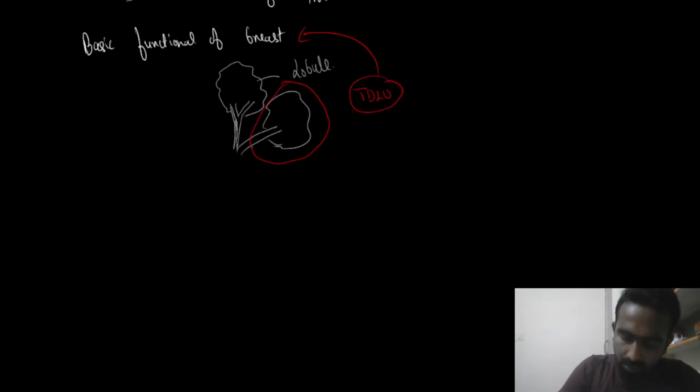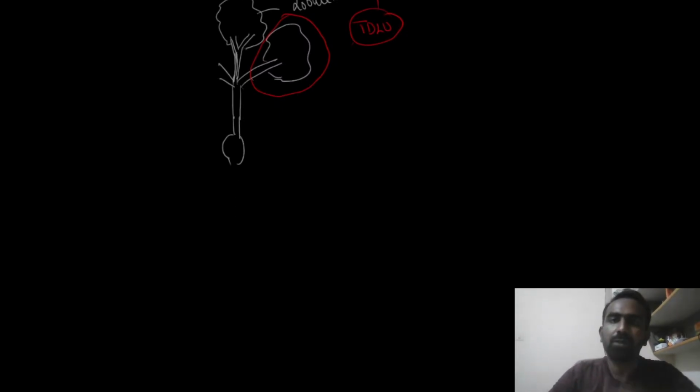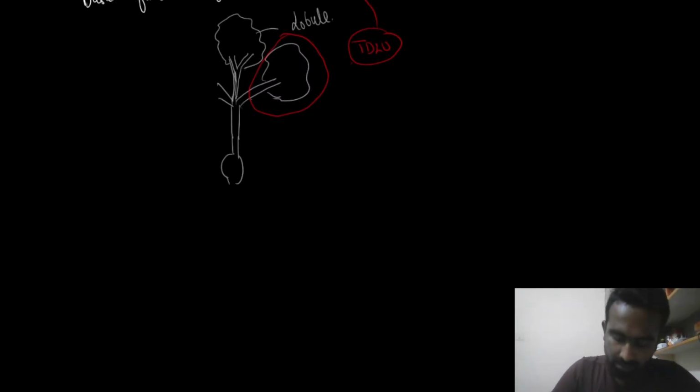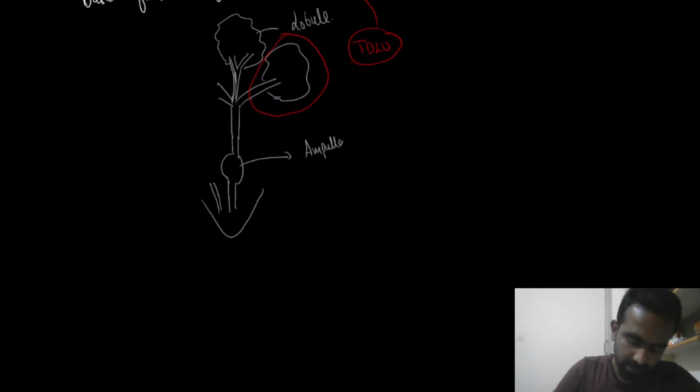Multiple lobules join together to form the lactiferous duct. These lactiferous ducts have a widening just before they enter the nipple areolar complex, called the ampulla.